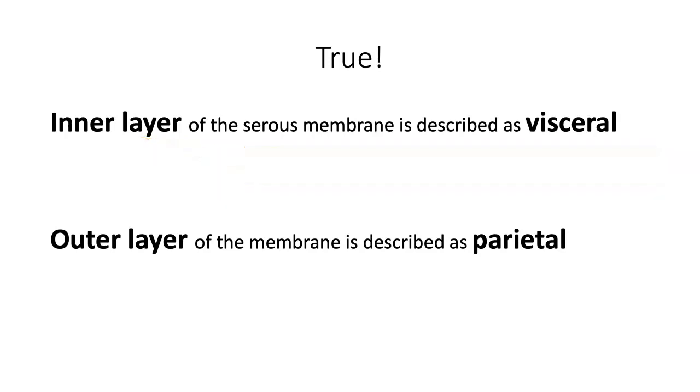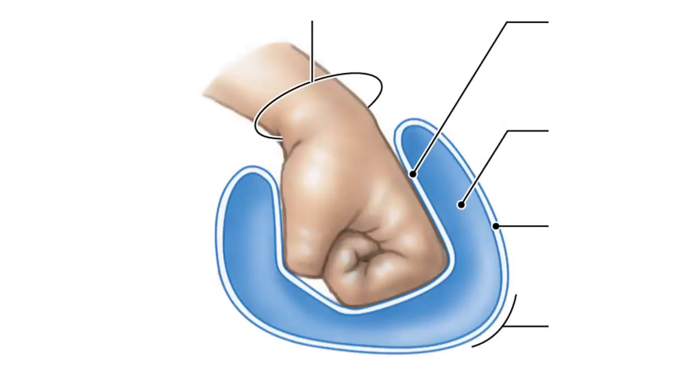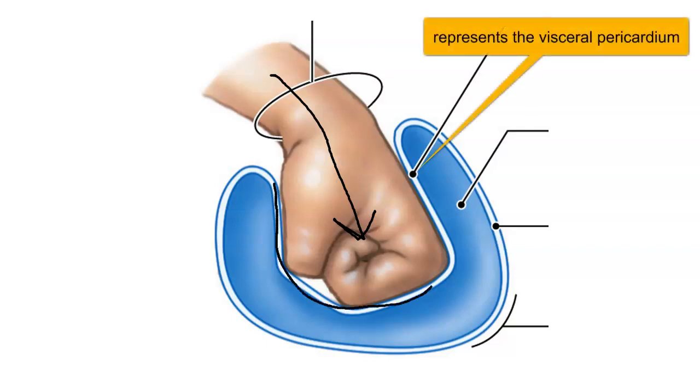So let's take a look at the pericardial sac first. A good analogy for the arrangement of the visceral and the parietal pericardium is the fist going into the balloon, where the part of the balloon that's touching the fist is the visceral pericardium, that is the actual outside of the heart, the organ itself.